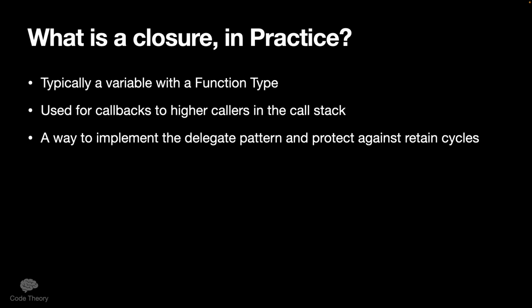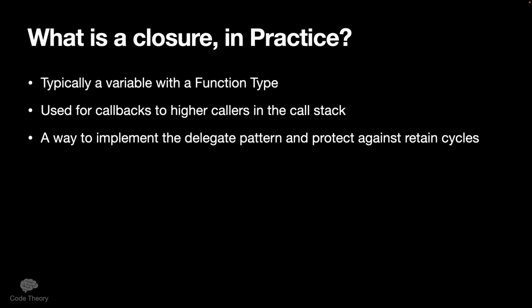So a closure in practice is usually put into a variable or a constant with a function type. So the variable or constant has a function type, and you assign a closure to it. It is very frequently used for callbacks, so that you can, in a much deeper nested scope, inform a much higher level scope that you don't have direct access to: hey, by the way, this thing happened, something occurred, something's done, here, have this value.